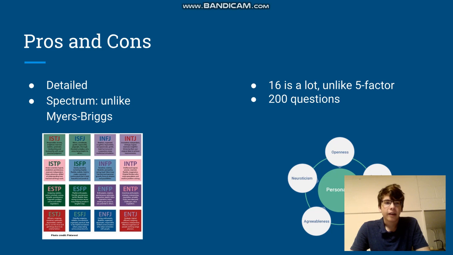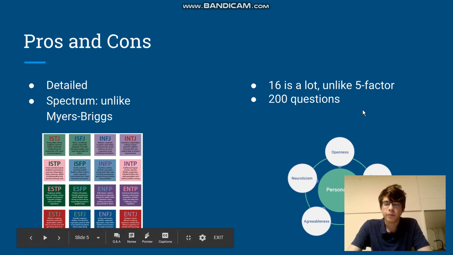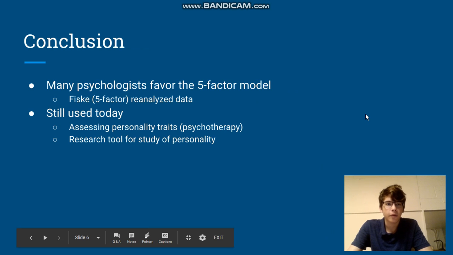Back on the pro side, it is a spectrum, unlike something like the Myers-Briggs personality test that will tell you you are introverted, or you are extroverted, or you are a feeling person over a thinking person. You can be, for example, a somewhat warm or nice person on the 16-factor test. However, 200 questions is quite a lot to come up with 16 personality factors for yourself.